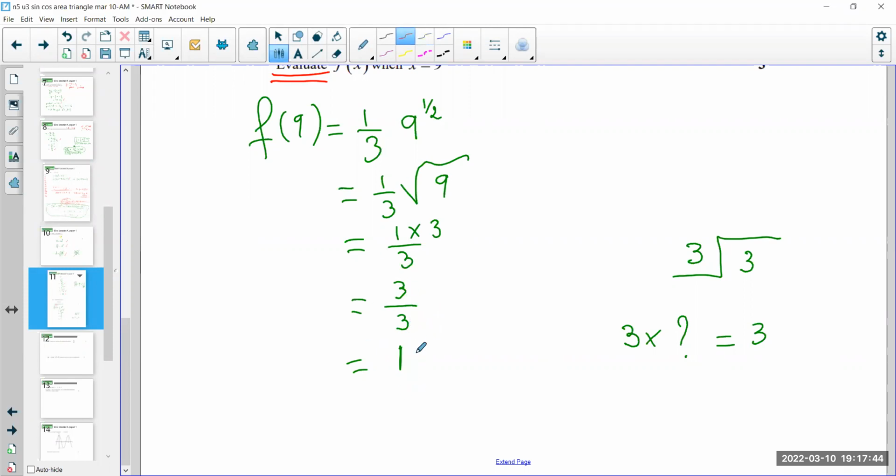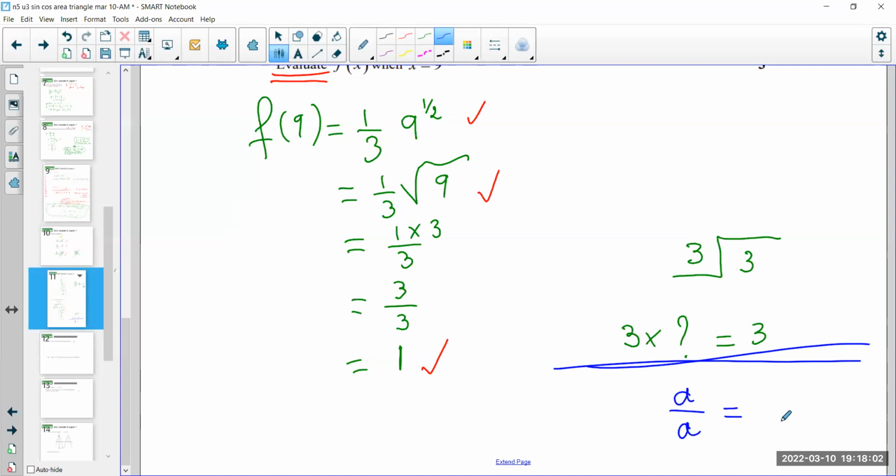So that would be 3 marks: 1, 2, and 3. So from now on, as a rule, everyone, A divided by A is equal to what?